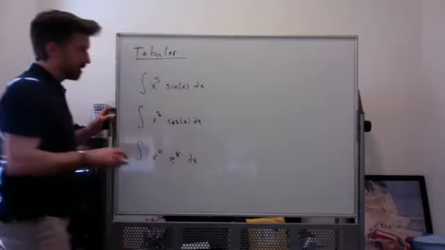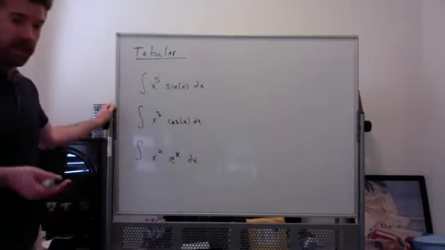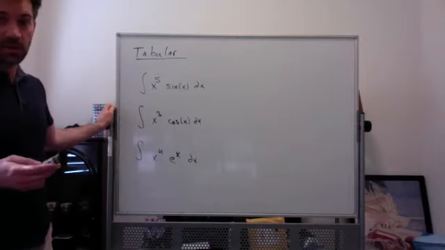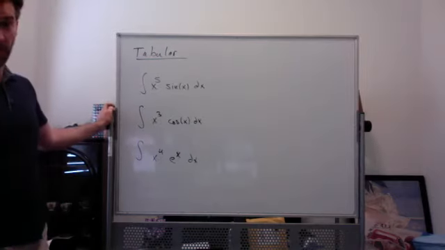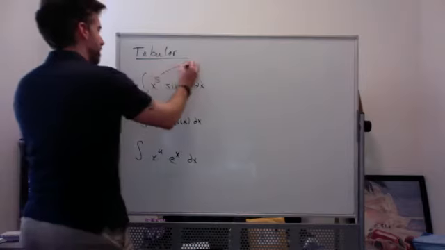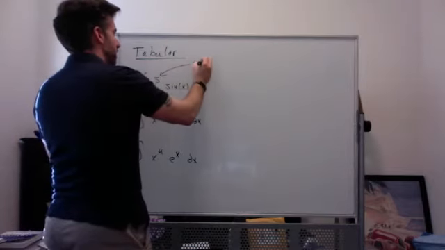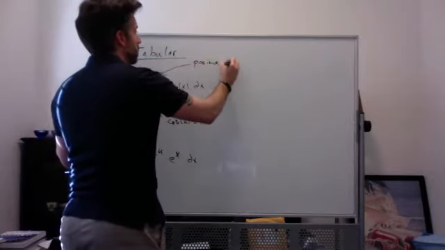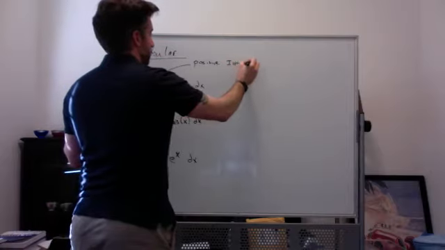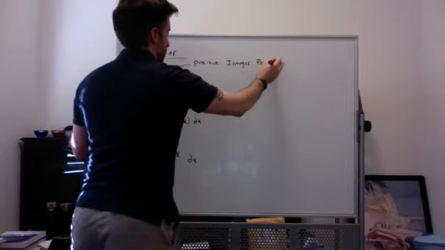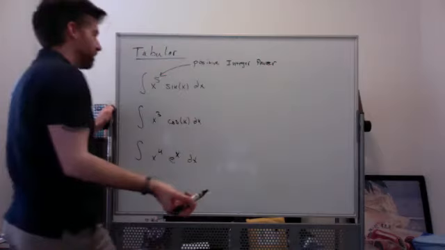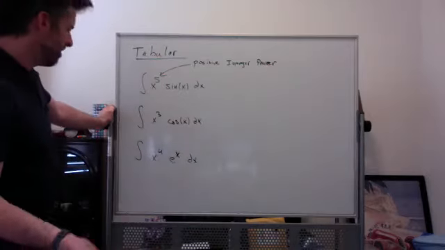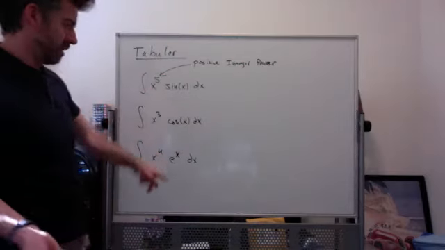Now a couple things. One, it has to be a positive integer power, it can't be a negative power. And then it's got to be sine, cosine, and e to the x.